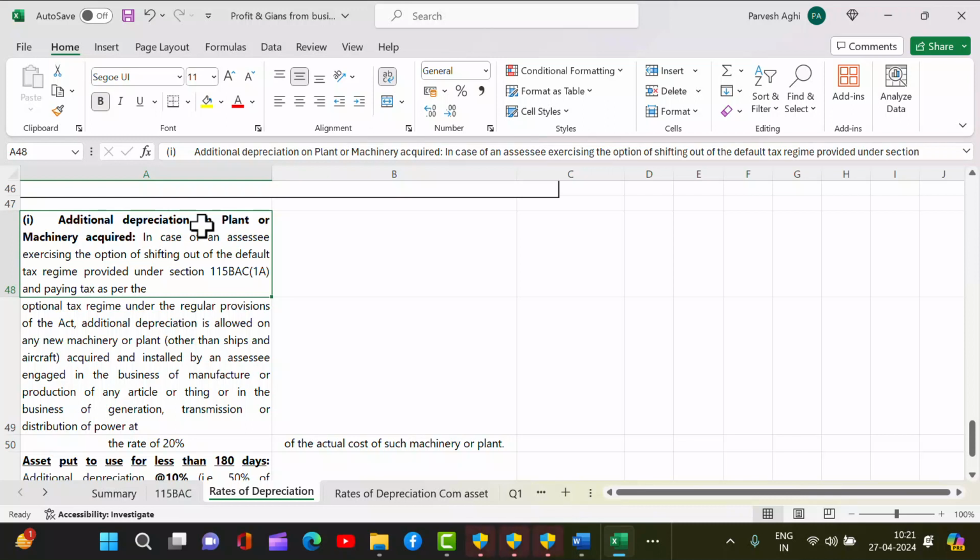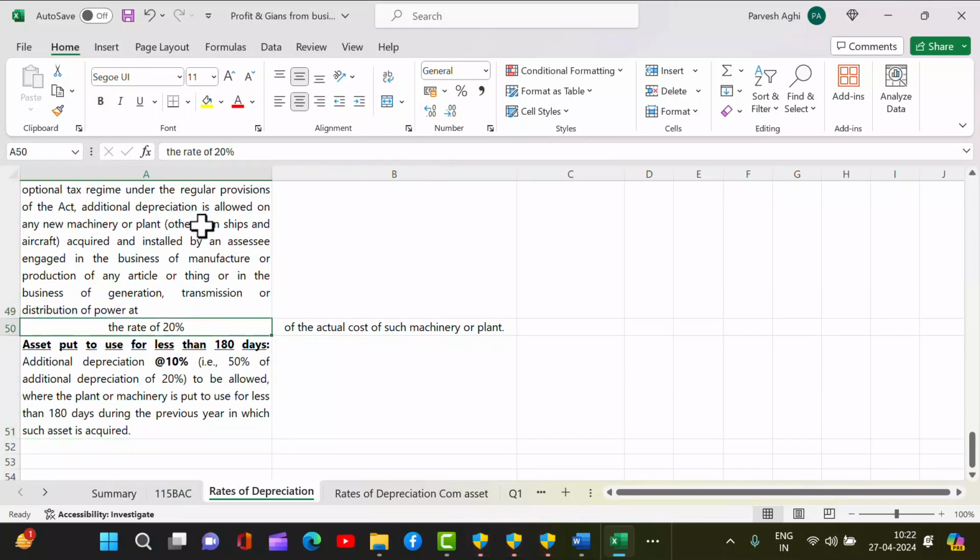So this additional depreciation is only applicable if we are using the normal, old tax regime, not the default tax regime. Here you can claim a further 20% tax depreciation in the year of buying the machine. Whenever you buy a new machine, you will be entitled to additional depreciation of 20%.